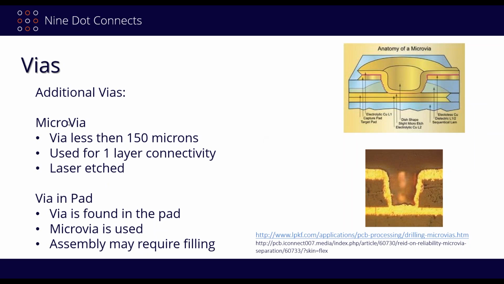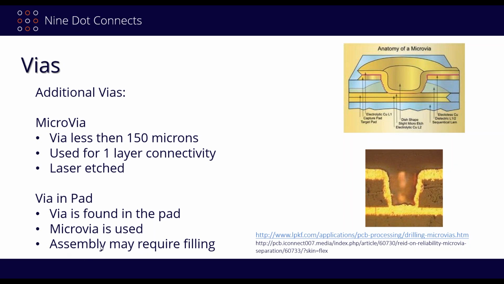You also might see vias, micro vias, using what's called via in pad. We talked about this quite a bit during our layout considerations DFM series. Be careful about vias in pads. You could possibly use micro vias, but now you're confining yourself primarily to one layer unless you do a stack up accordingly. If it's a larger via that you put in the pad, you have to fill it in afterwards. So fabrication doesn't have an issue with it.